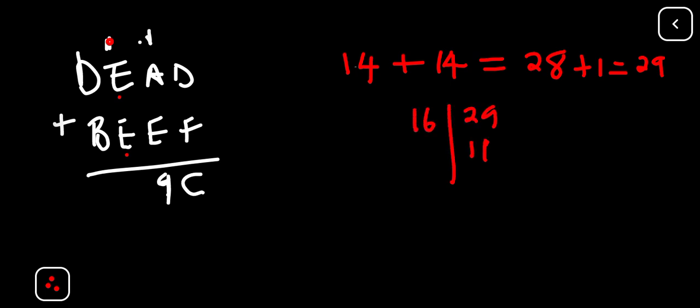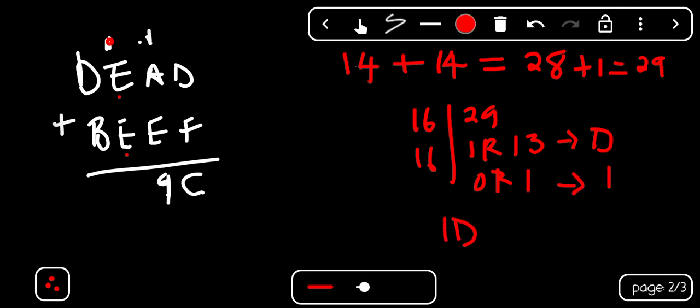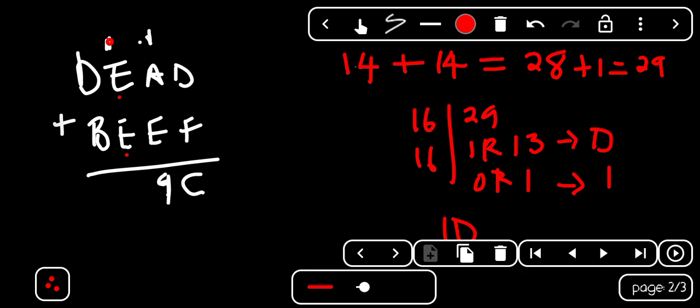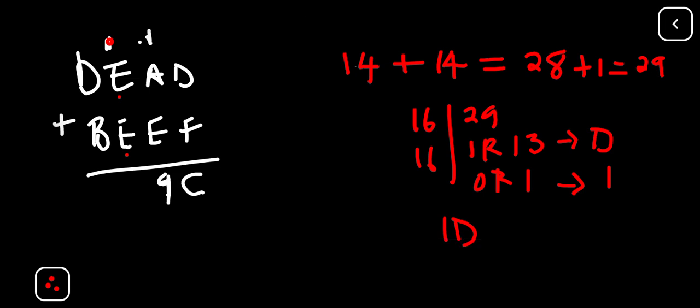So we have 1 remainder 13, and then 16 into 1 is 0 remainder 1. So this 13 is D, and the 1. So basically, our answer is going to be 1D. Now, if you check it, you see that 13 is D here. Okay, so we're going to put a D and carry 1 up.